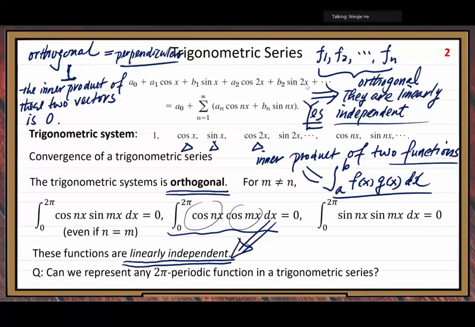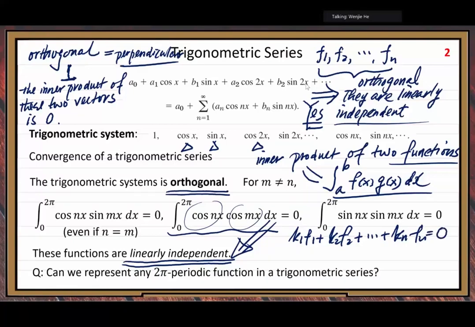Now, if they are linearly dependent, can we find k1 f1 plus k2 f2 plus ... kn fn?